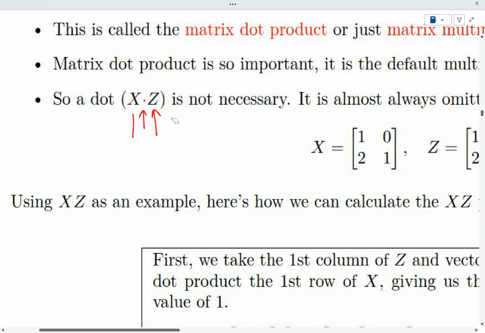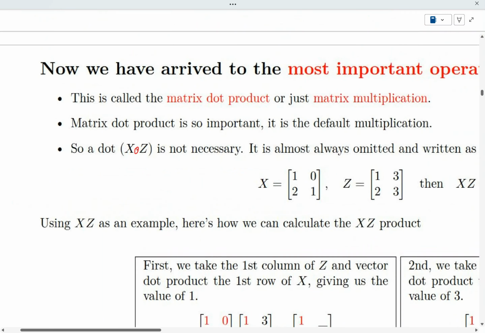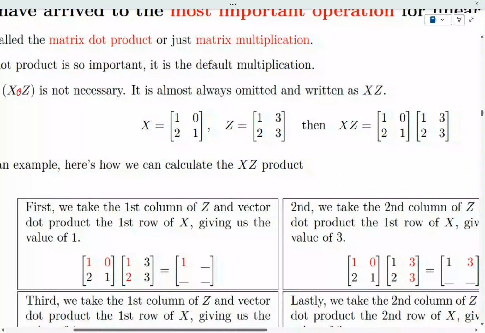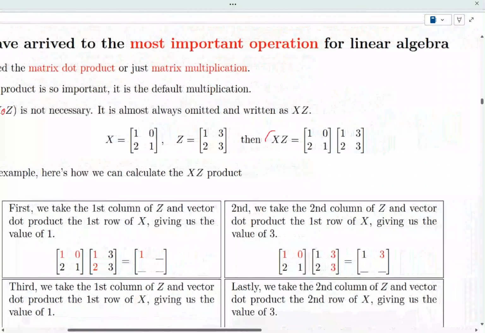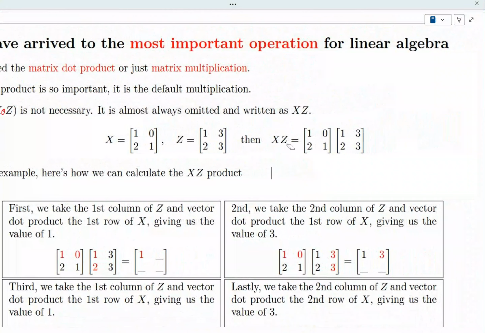But because this is so important, this symbol is normally just ignored. So instead of writing x dot z, this is the default operation. We just have x times z. So when you see two matrices next to each other, like x and z, you automatically assume that it's a dot product. That's the standard because this is the most used operation in linear algebra.